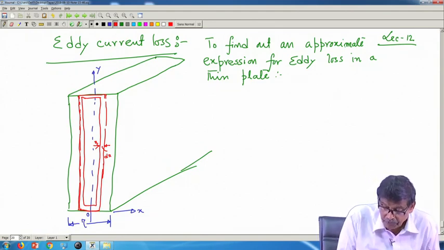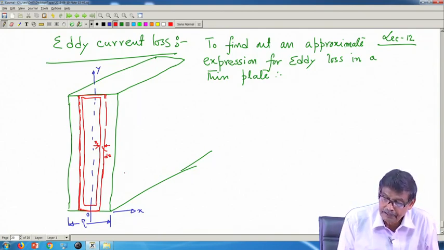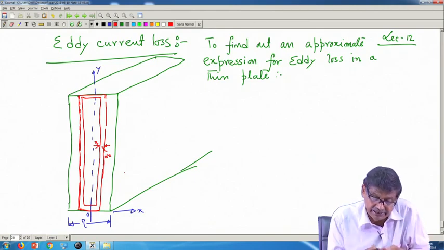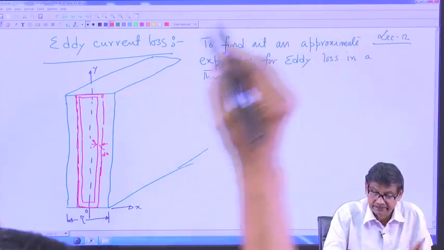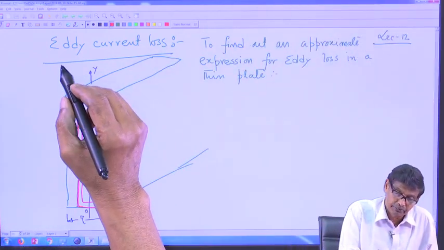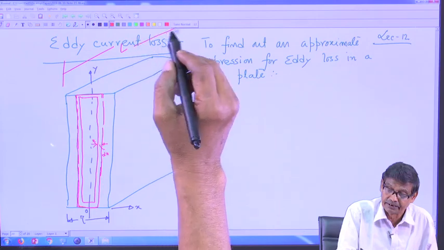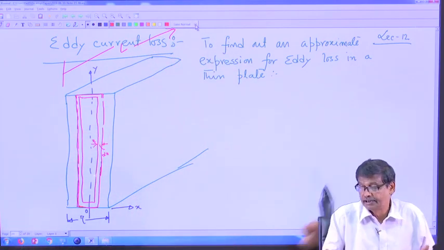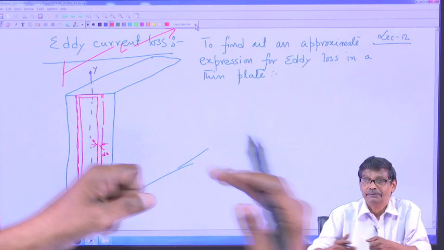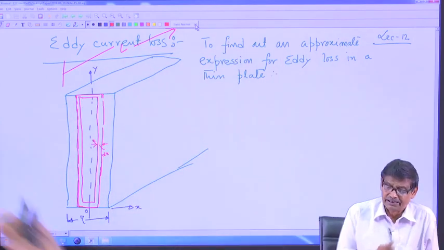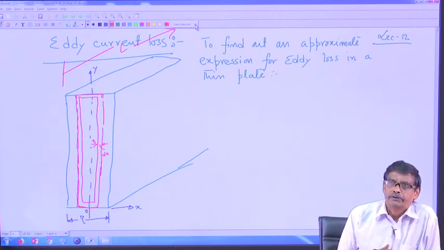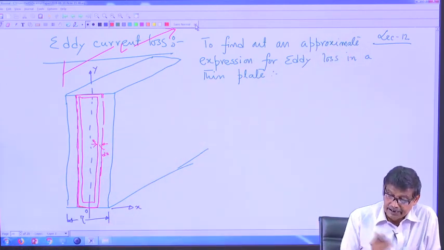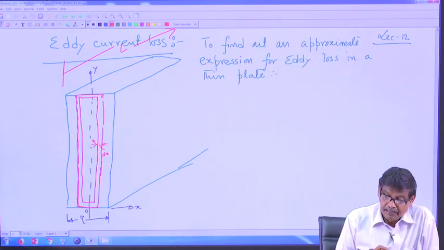Our plan is to find out what will be the eddy current induced voltage in this loop, and this loop exists in all the section, here also it exists, all along the length. This is suppose the length of that magnetic circuit, whatever it is. If you unfold that core material, that length over which that exists, that is somewhat the length of the magnetic circuit. Anyway, so this is the thing.